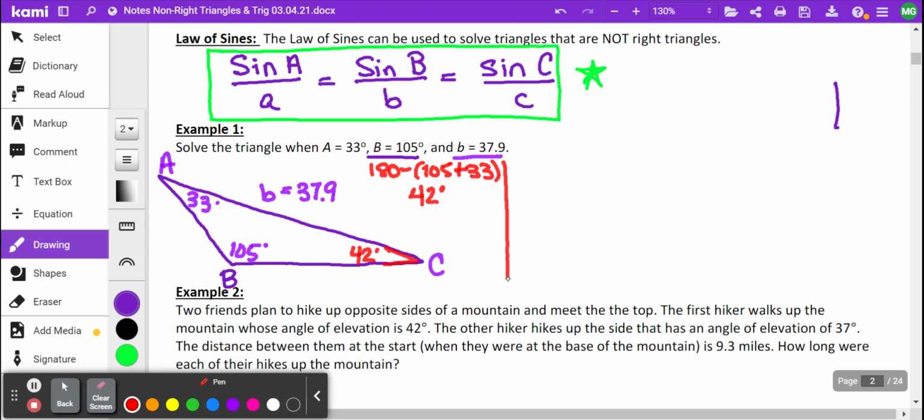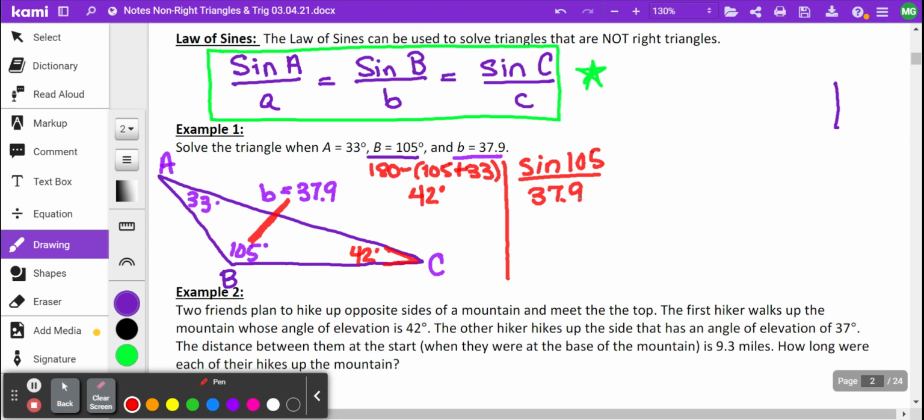So now when we're doing this, we always have to have a side and the angle opposite it. So I'm going to start off with the fact that we have the sine of 105 over 37.9.